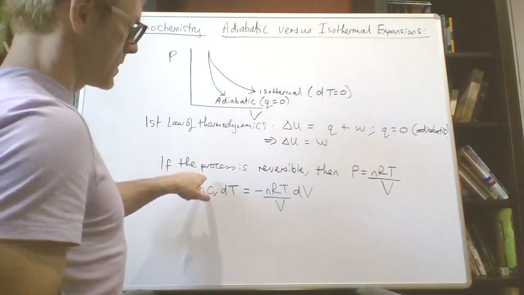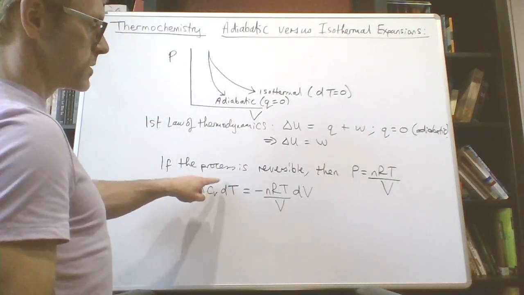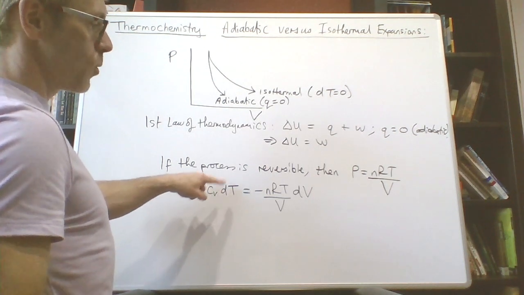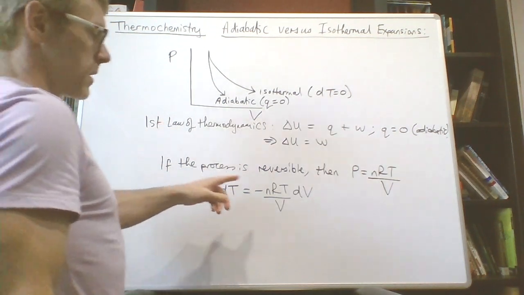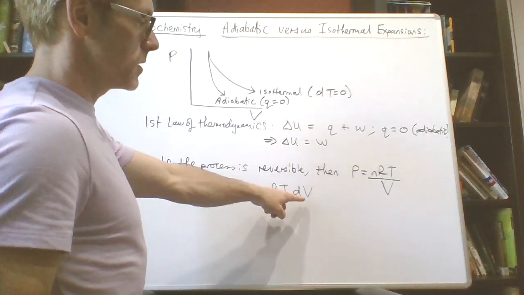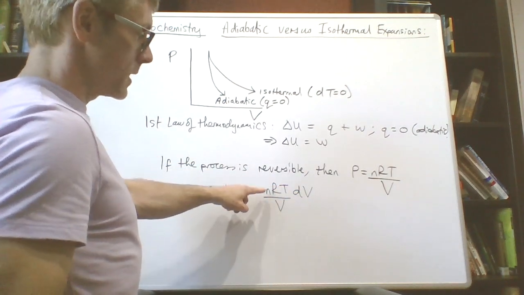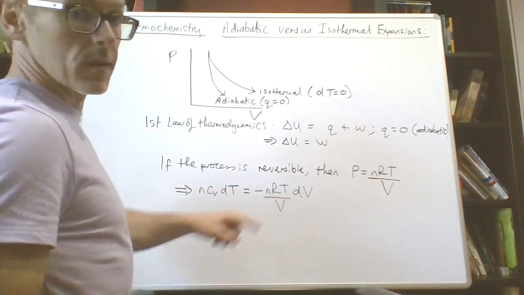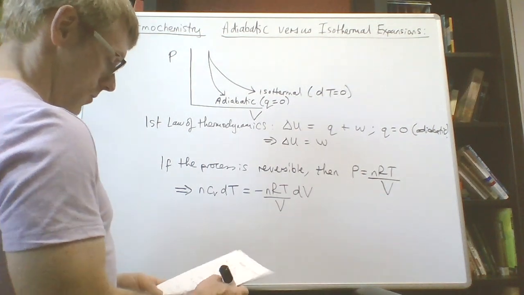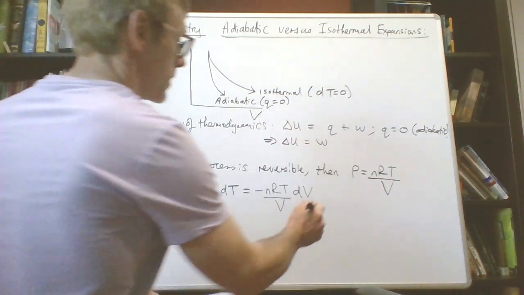Again, this expression here was dU, which is equal to work. Work is minus P dV, and P is nRT over V. So you can start to cluster those together.